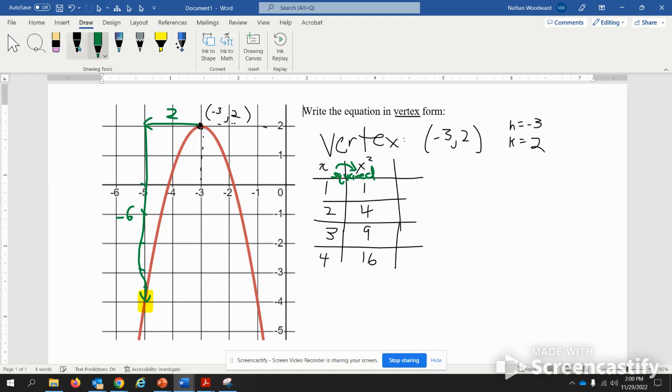Okay. So in this case, we have an over 2. So we're going to use this row right here. But what the graph tells us here is that instead of going up 4, we went down 6.